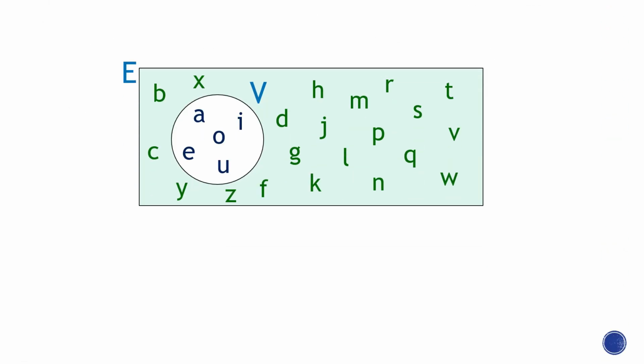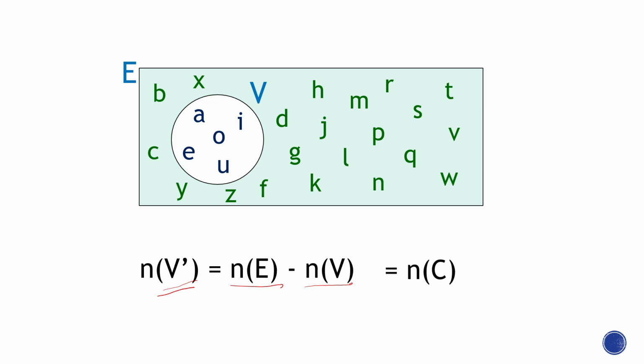We have here E, the universal set, the letters of the English alphabet, and a subset V, the vowels. If the question is, what's the complement of V? That's just the universal set minus the vowels, which is equal to the consonants, and that's all the letters outside of the subset V.